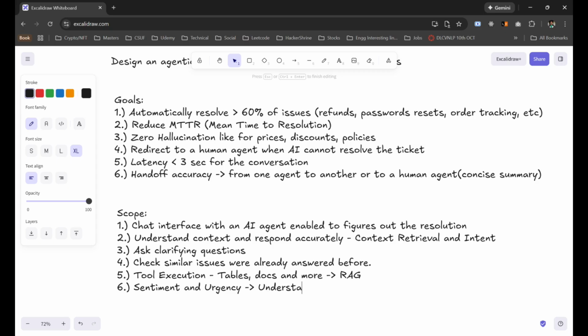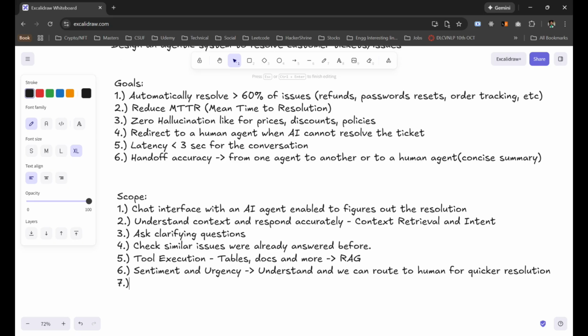So we should understand this, and we can route this to a human for quicker resolution. Understand that the urgency and sentiment is really important, because once the customer is angry you lose your customer. We don't want that to happen. We just reroute it to a human, and the human might solve the issue in a quicker way.